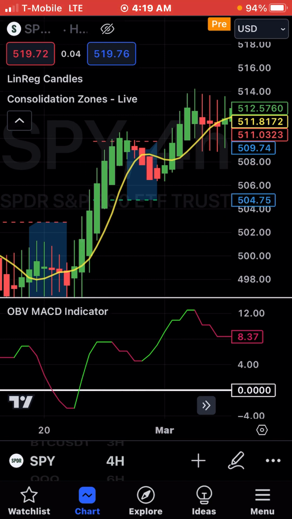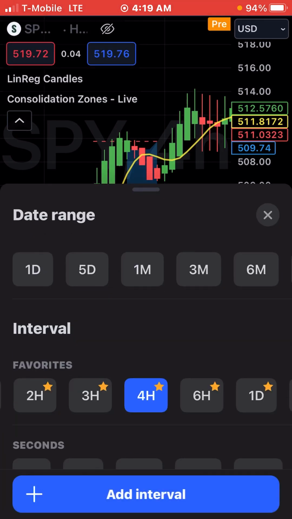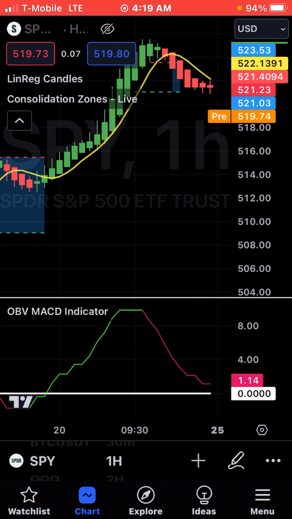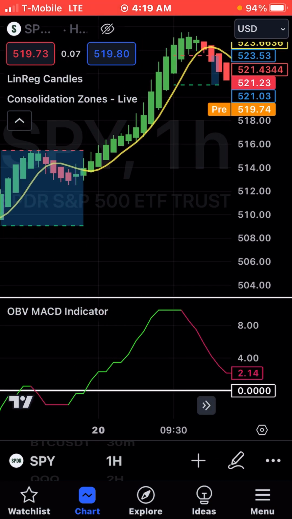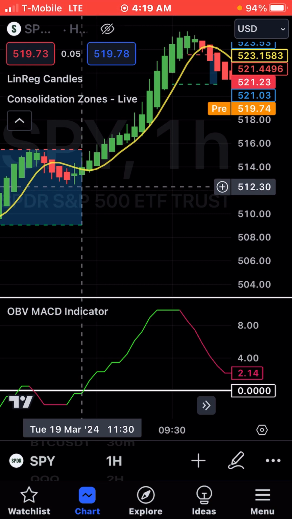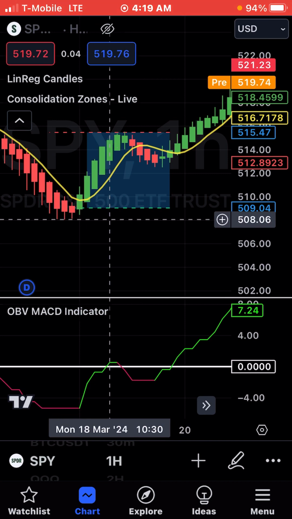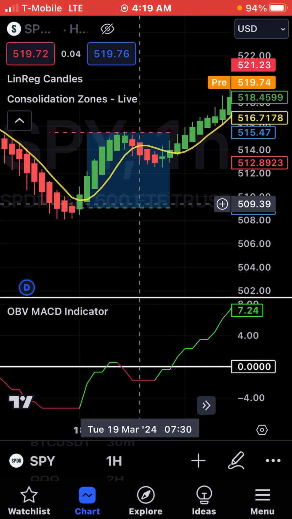So let's real quickly go over. Actually, let's get out of the 4 hour here. Okay, so if we're looking at the MACD here, and we want to focus on all the moments where it's crossing, we got a good moment here. That was a fake out, but still, you'd still be in profit.